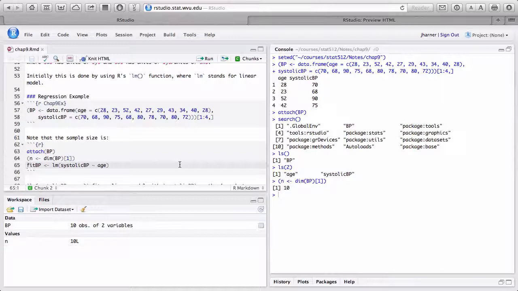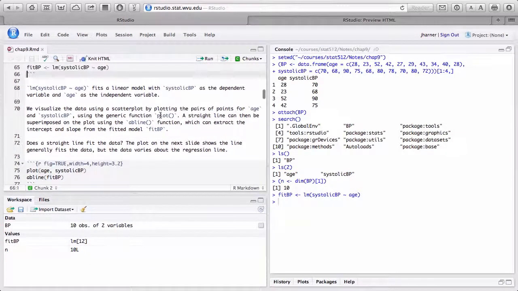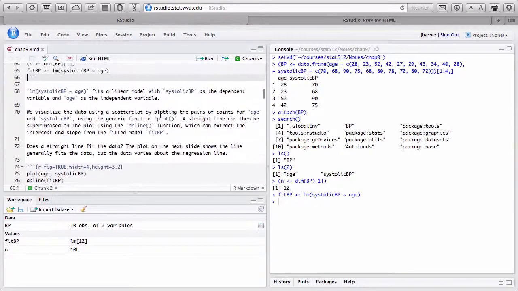So I'm going to now create an object called fitBP. That object doesn't automatically print out, but I could print it out.